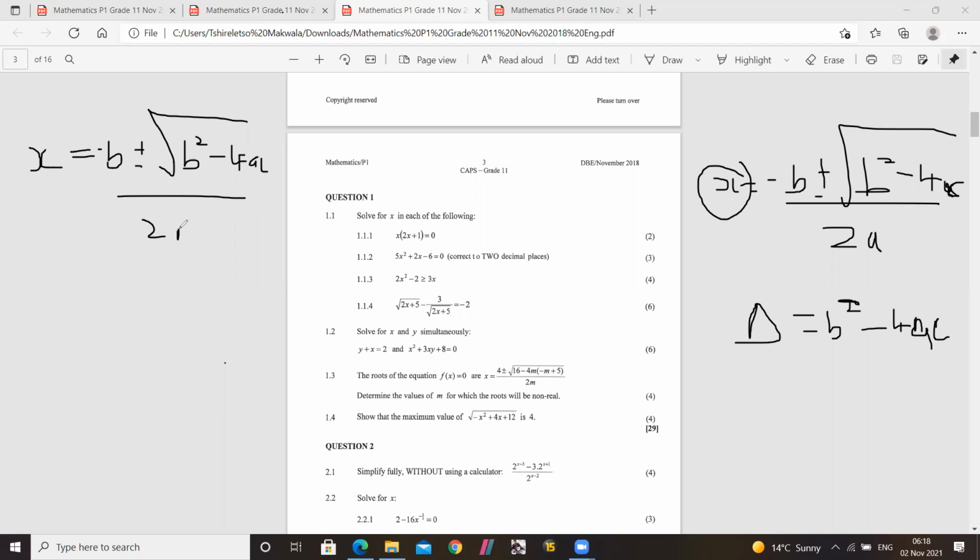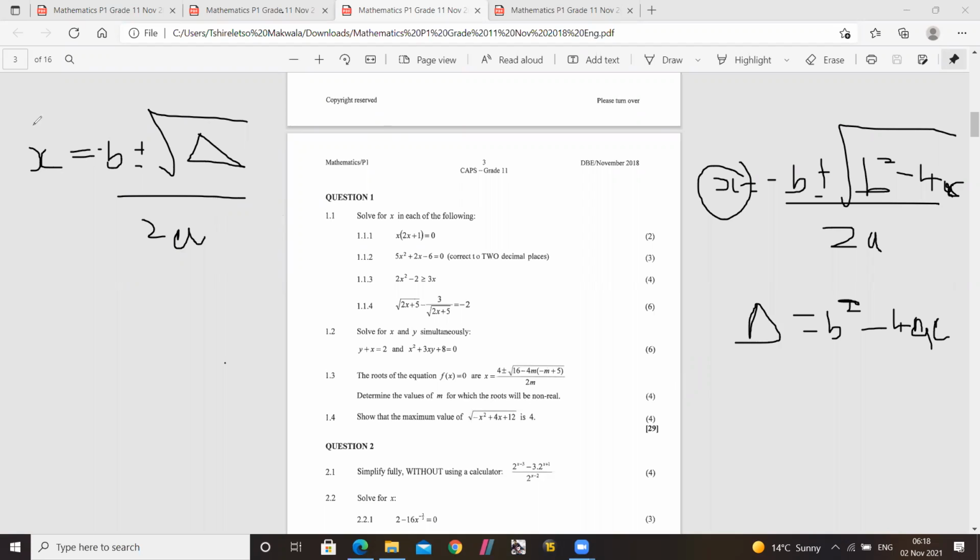We said b squared minus 4ac is delta. So I'm just going to remove this and write delta, because I want to illustrate something fast. Let me show you what I mean when I say delta influences the nature of the root.